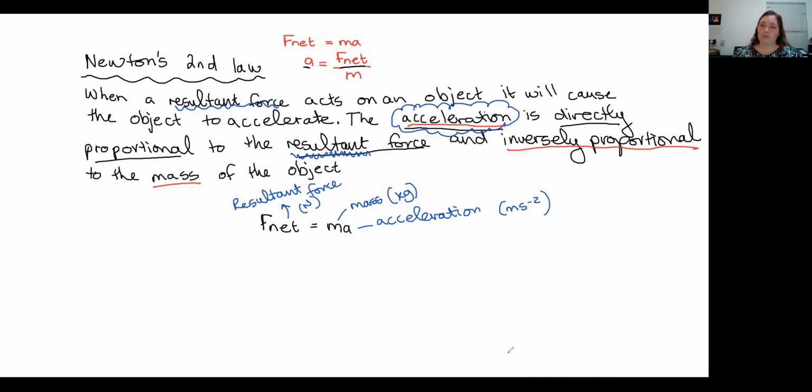What I'm going to be doing from now is we're going to be applying this equation in a number of different contexts. So we're going to start off with just one force, then two forces, then a force at an angle. When we're doing this, we're also going to be discussing what types of forces we get. So before I move on to them, we need to quickly discuss forces. You're quite often going to be asked to draw a free body diagram.